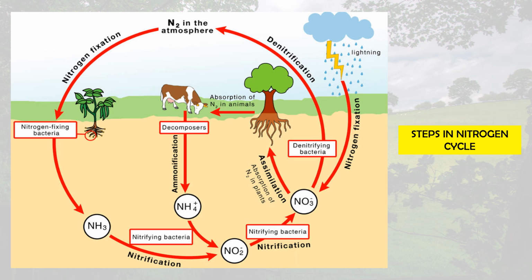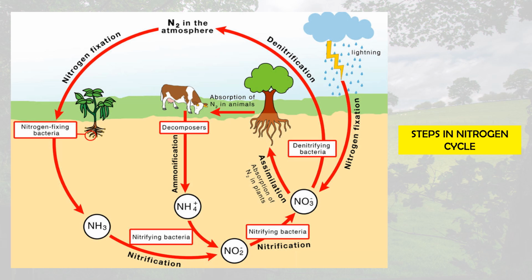Then the ammonia is nitrified through nitrification with the help of nitrifying bacteria into NO2 minus. They are the nitrates and nitrites. And ammonification is the process where decomposers break down the dead decaying matter into ammonium ion.